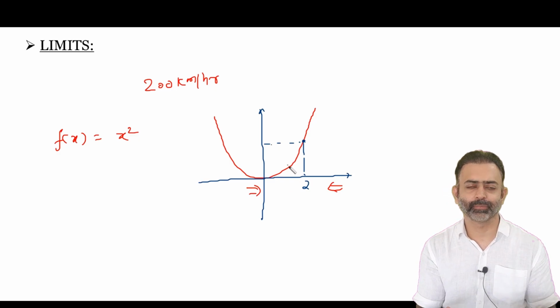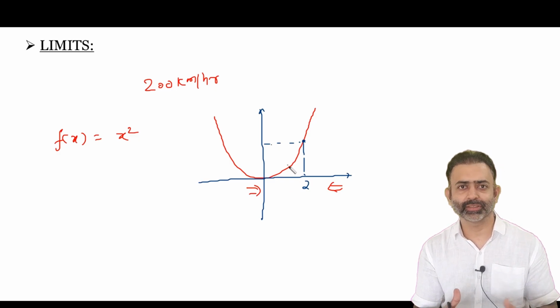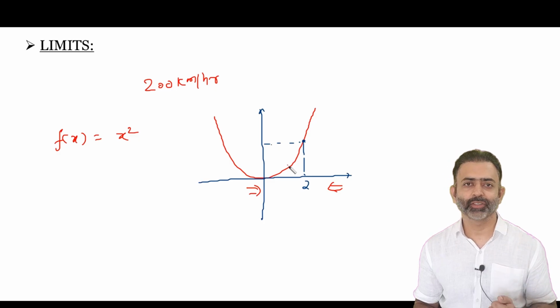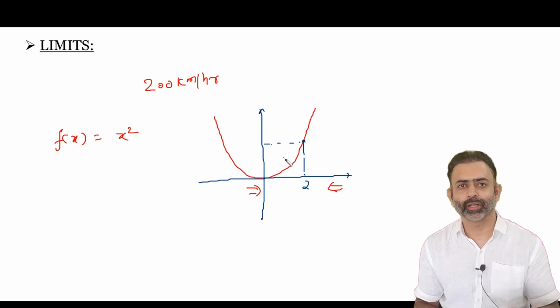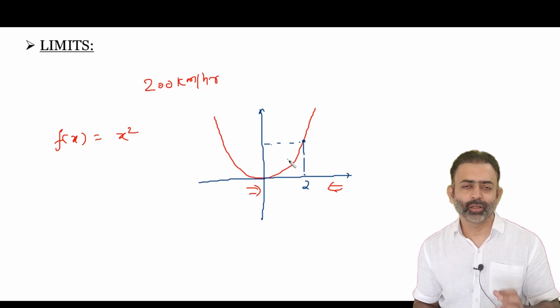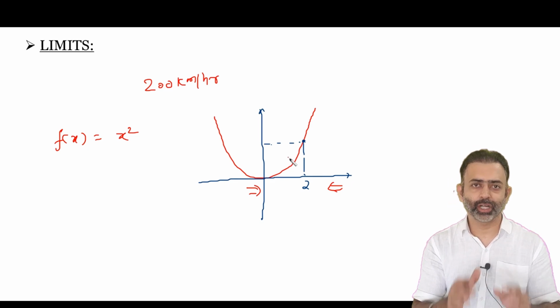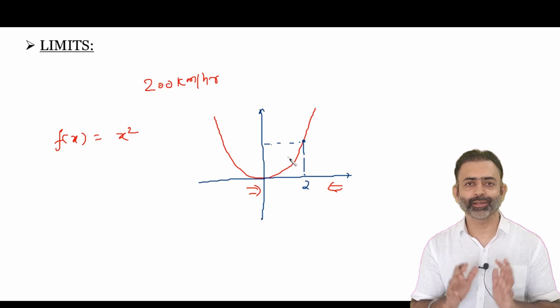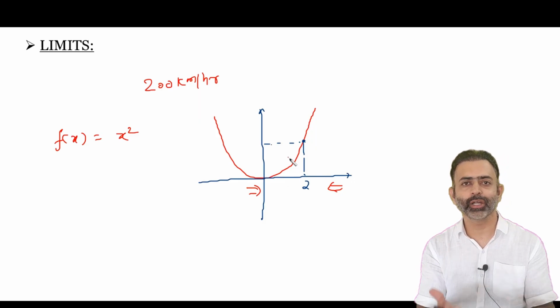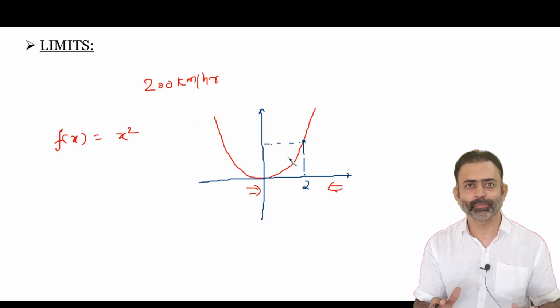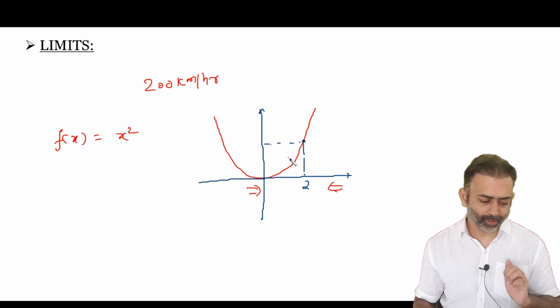And this is what a limit is. Limit, as the name suggests, is the limiting value of the function as we move closer and closer to a certain x value. Remember, it is different from the value of the function at x equal to 2. We are interested in finding out to what value it approaches. So in simple words, limit is this only.